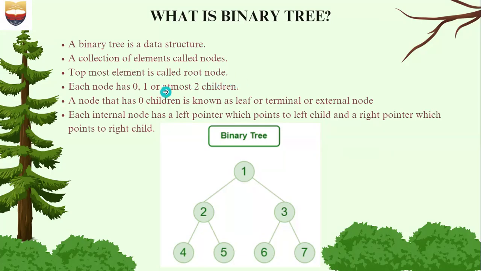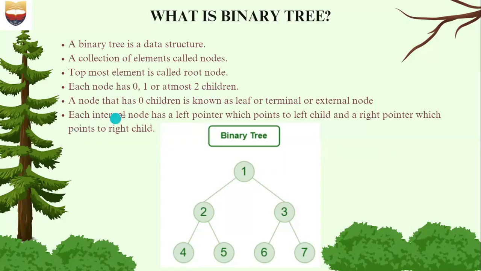The main property of a binary tree is each and every node is permitted to have either zero child or one child or at the most two children.